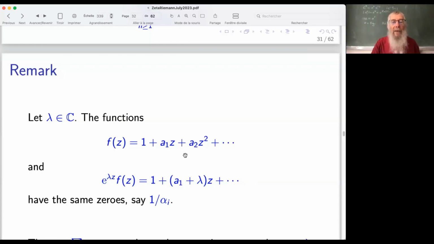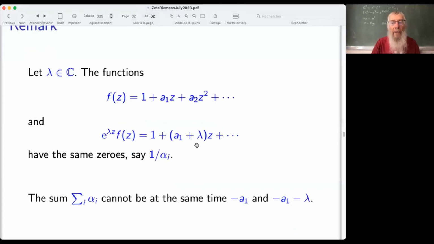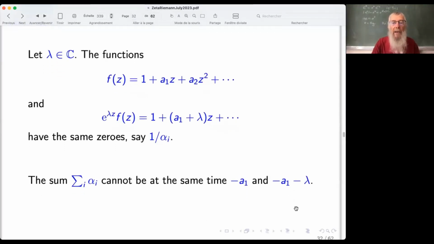So the sum of the inverse of the zeros cannot be at the same time a1 and a1 plus lambda. So the sum of the alpha i cannot be at the same time minus a1 and minus a1 minus lambda.